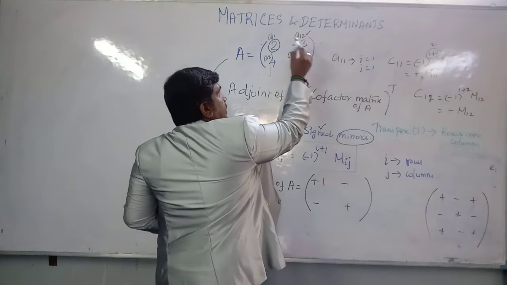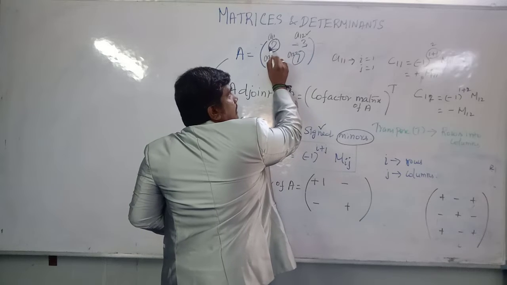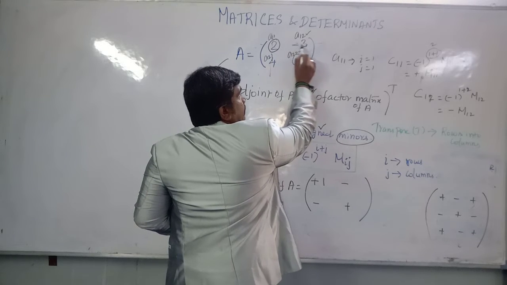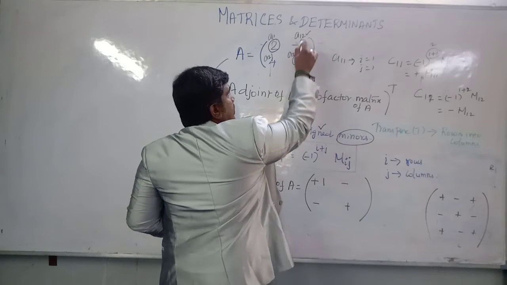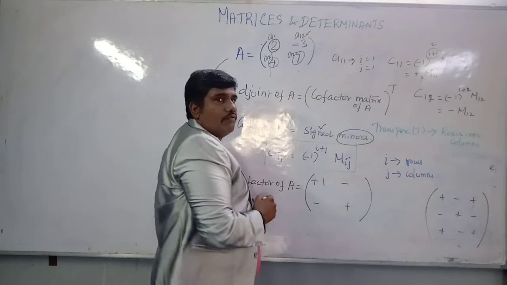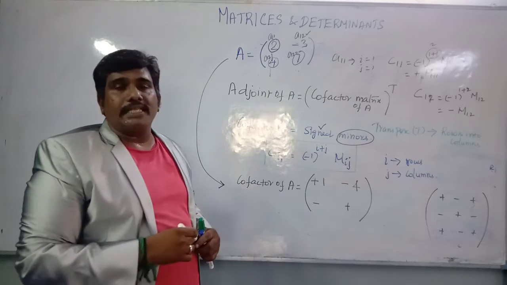For minus 3, it is positioned in the first row and second column. You hide this row and column, and the remaining is 4. So 4 is the minor of minus 3.